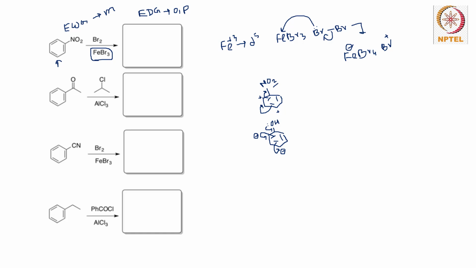In case of an electron donating group, the ortho and para positions are electron efficient, and for an electron withdrawing group, the meta position is electron efficient.